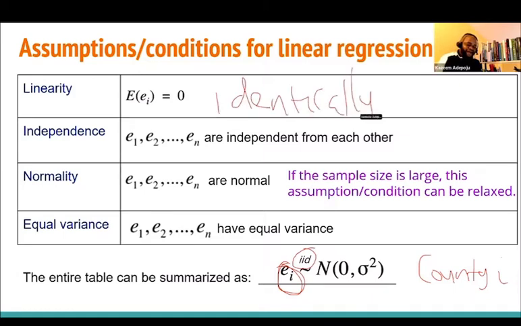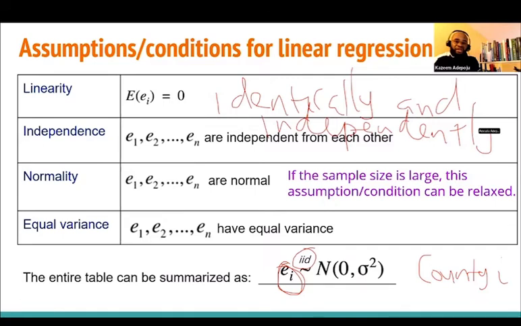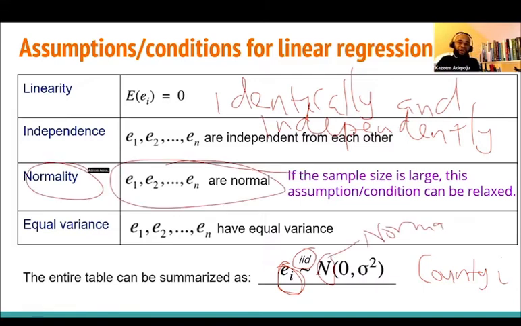Identically and independently distributed, and normally. N means I'm talking about normality of the residual, with mean zero, meaning the expected value of error equals 0, and variance sigma squared, which is the equal variance. Take a look at that.